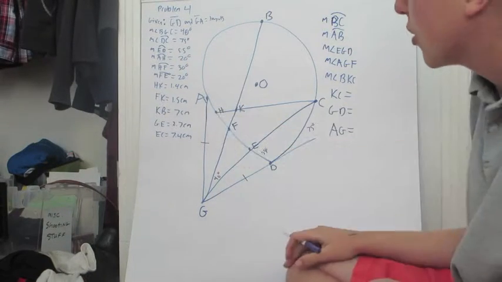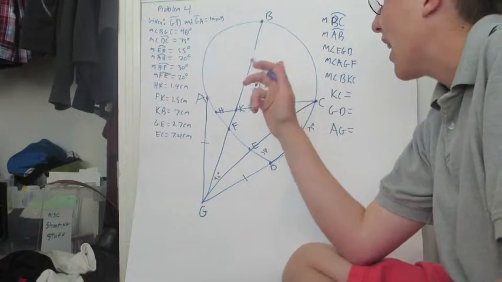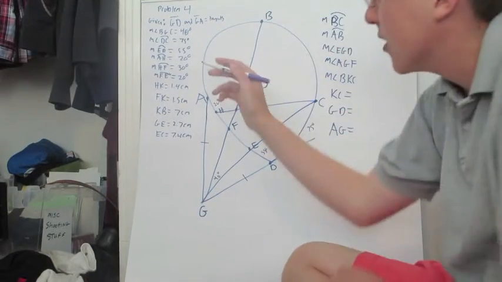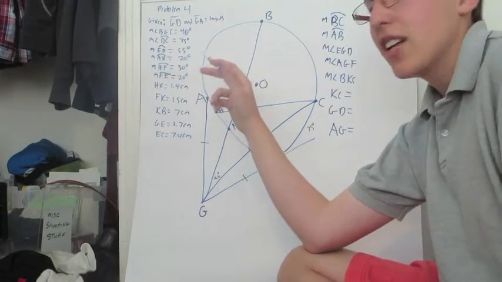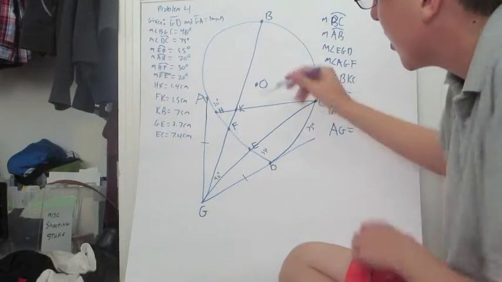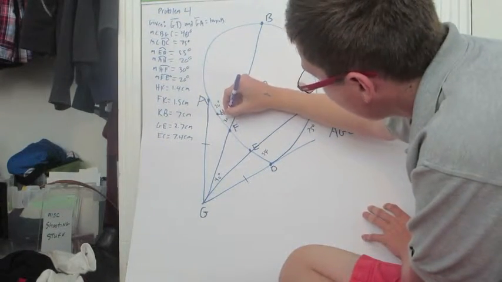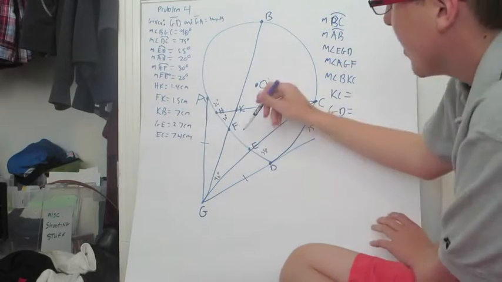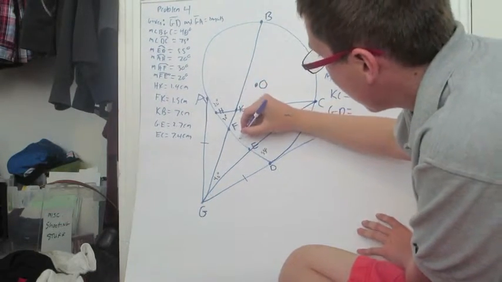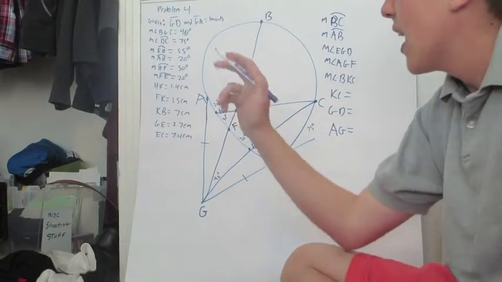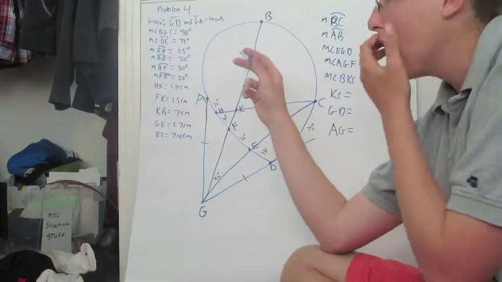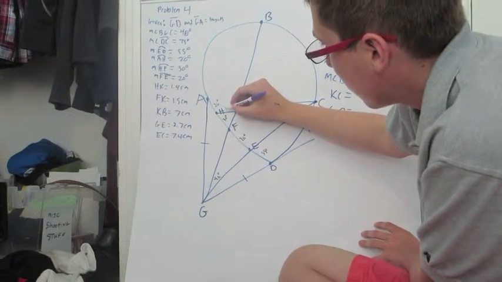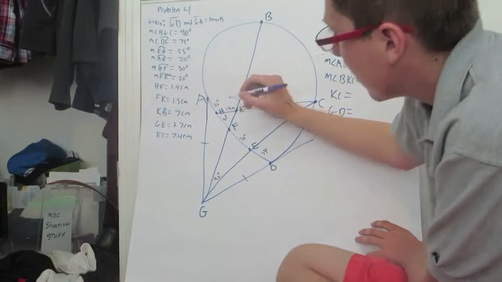We know that the measure of arc AH is 20 degrees. And the measure of arc HF is 30 degrees. The measure of arc FE, right here, is 20 degrees. And we're also given that HK, this segment right here, is 1.4 centimeters.